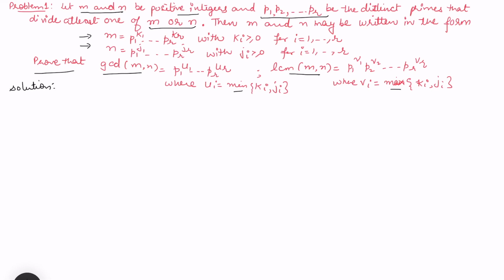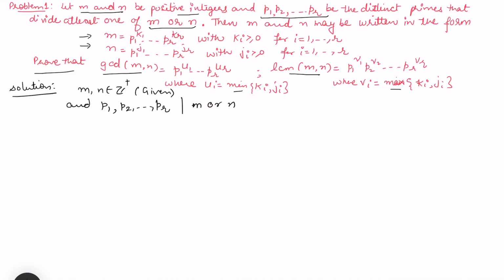In the first case, we have been given that m and n are positive integers. It is also given that the primes p1, p2, up to pr divide m or n.